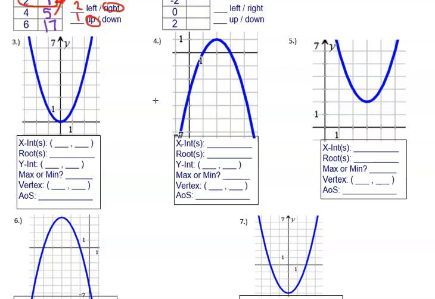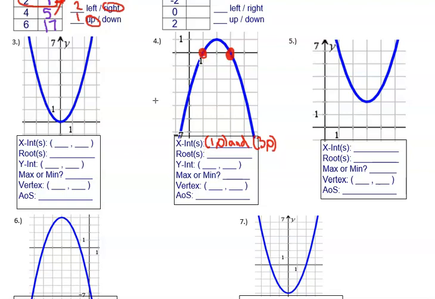So number 4 was the x-intercepts, the roots, y-intercept, the extrema, the vertex, and the axis of symmetry. The x-intercepts is where it crosses the x line, the x-axis. It's going to be at 1, 0 and 3, 0.